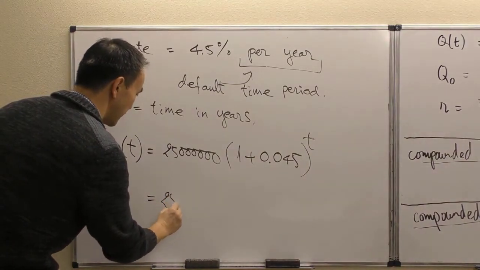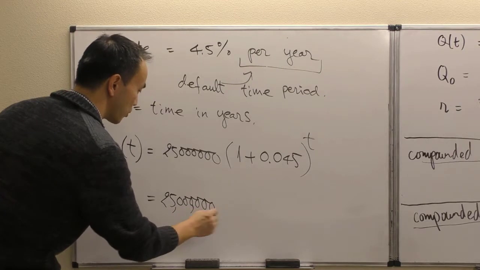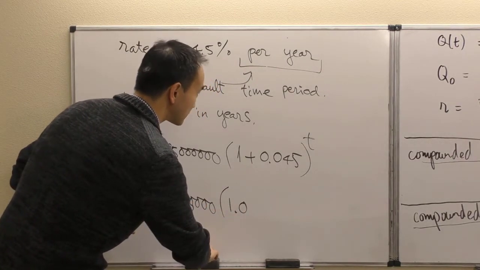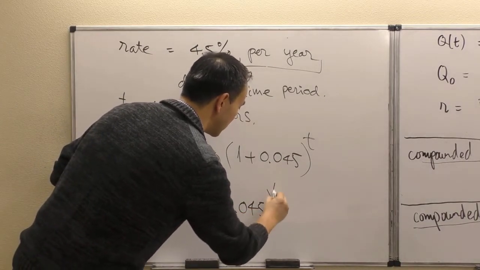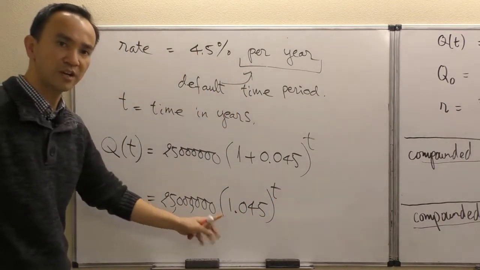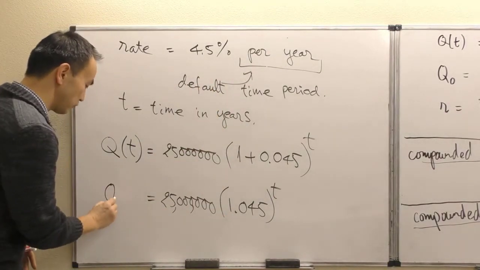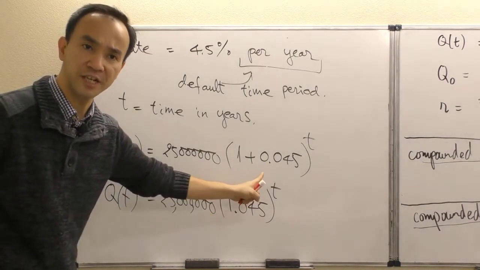And so yes, our final expression of the function is 25 million times 1.045 to the t. Now we're working with this particular problem one. We have already come to this exponential function with base 1.045 to the t.